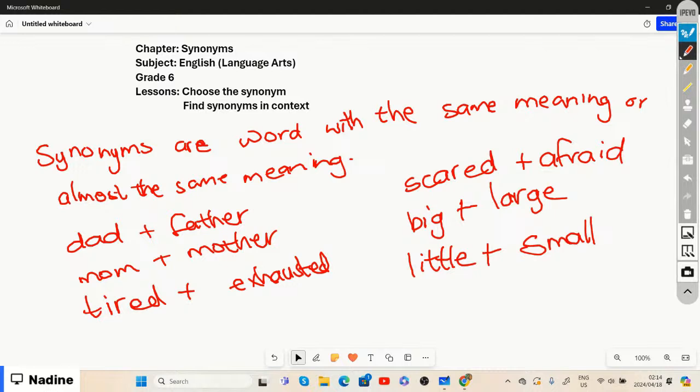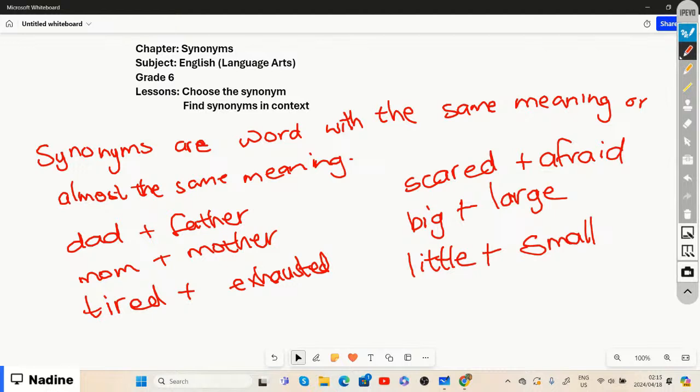Those are synonyms, right? And once again, synonyms are words with the same meaning or almost the same meaning as the other word. And we made a few examples, which is dad and father, mother and mom, tired and exhausted, scared and afraid, big and large, little and small. Those are synonyms.